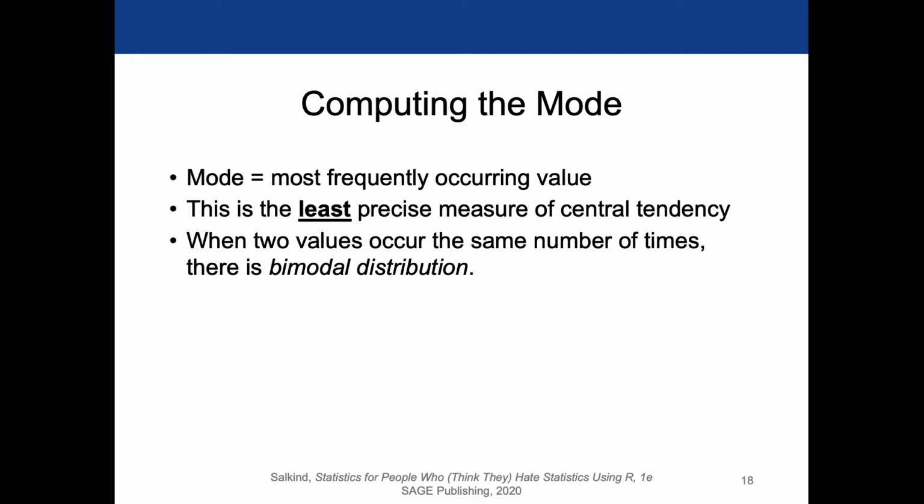Okay, so then for the mode, this is the most often or the most frequently occurring value. I'm sure you remember learning mode, MO, most often, maybe in previous classes. This is the least precise measure of central tendency, but you use it when you're looking at categorical types of variables, and we'll discuss more about that in the other video.